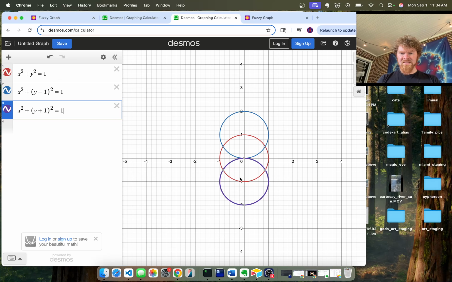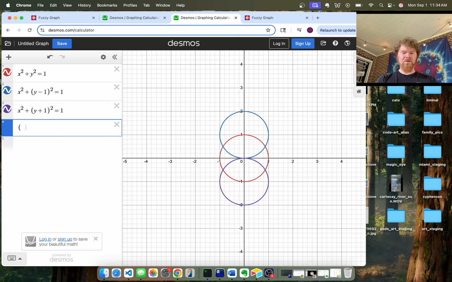Then you can see where these meet: 0.866 something comma negative 0.5. It's every permutation of 0.866 and 0.5. That's where they meet. So we want to draw 4 more circles at each of those locations.